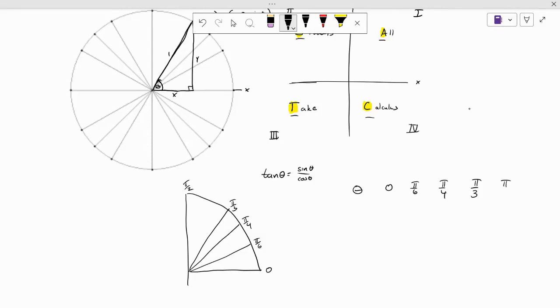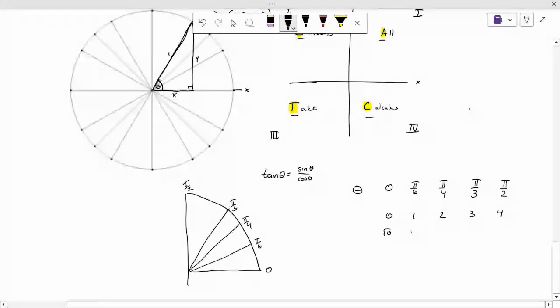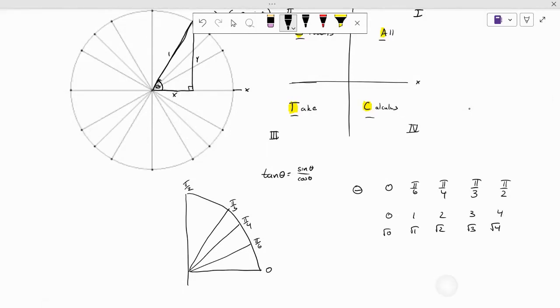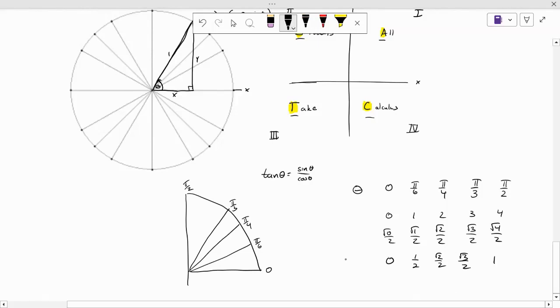I think I've seen some students do this with their hand, and then you list integers 0, 1, 2, 3, 4, so the consecutive integers 0 to 4. And then you take the square root of those consecutive integers, and then you divide by 2. After I reduce, what we get is the sine of those angles.